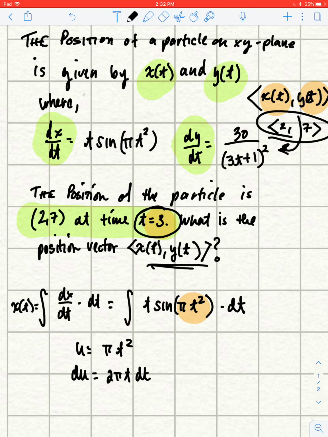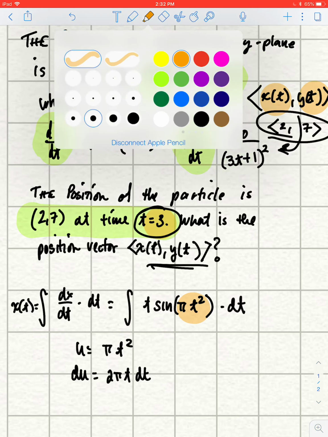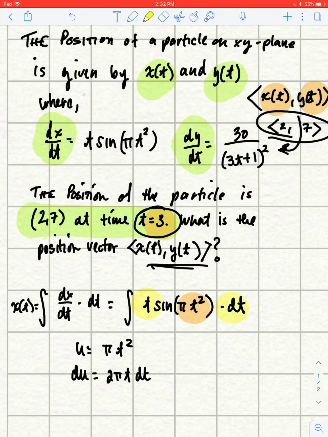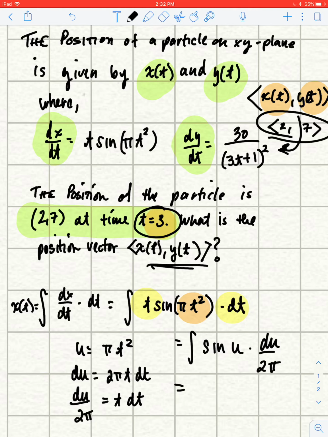And you could see that we could rearrange it where this has t dt. So maybe solve that for t dt, so we could just sub in. So you have du over 2 pi equals t dt. Now with our substitutions, you would have sine u, and then times du over 2 pi. Bring that out, and over 2 pi.